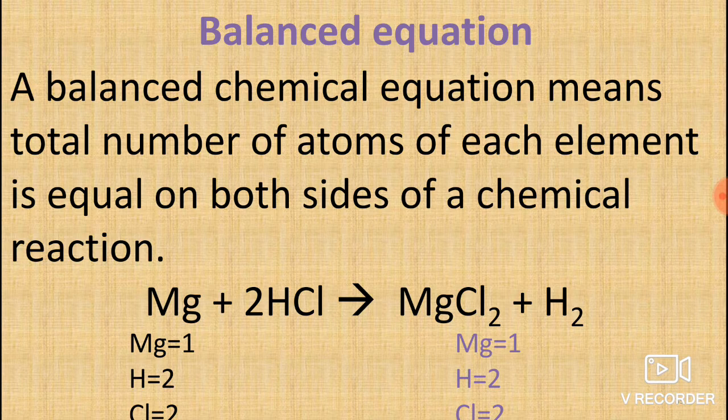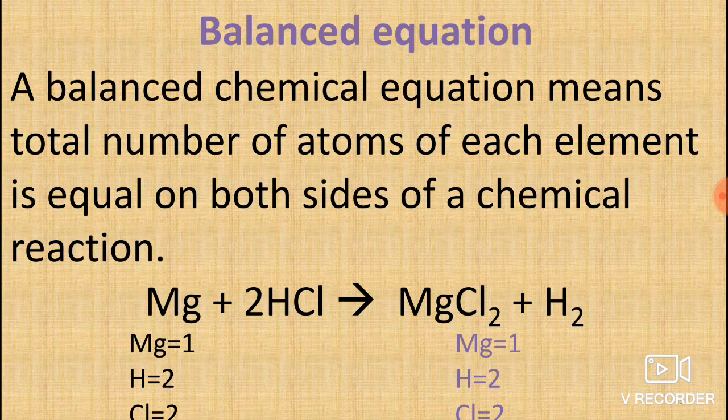So see, now we are going to balance the equation. On the right hand side we have 2 chlorine and 2 hydrogen. So we add a 2 as a coefficient in front of the HCl, on the reactant side.